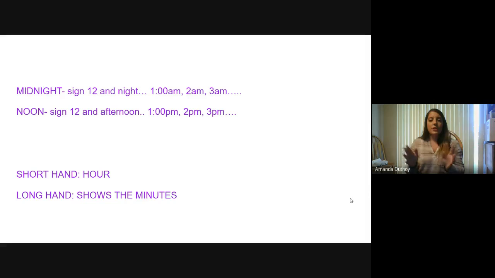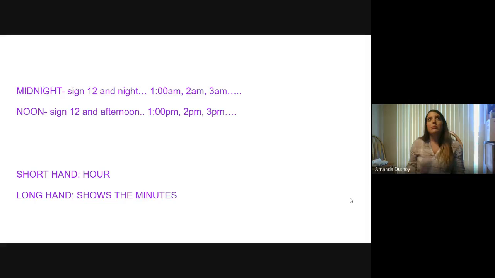For midnight and noon, these are also incorporated, which is a little confusing. For midnight, you do your 12 at night, so night and 12 are incorporated. And for noon, you have afternoon and 12, so you're at your highest point in the sky and it's 12.